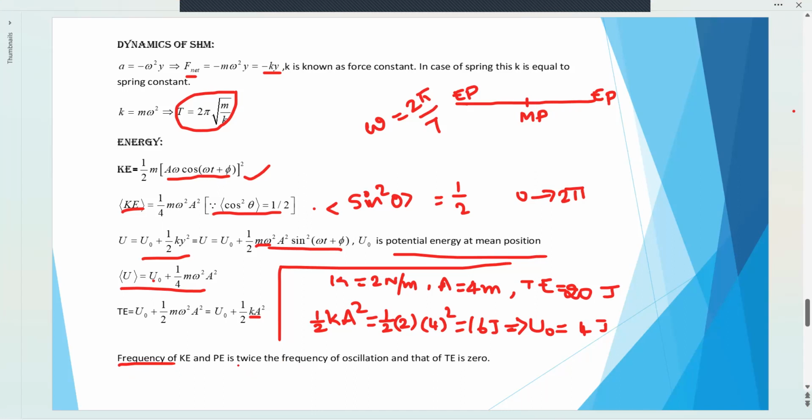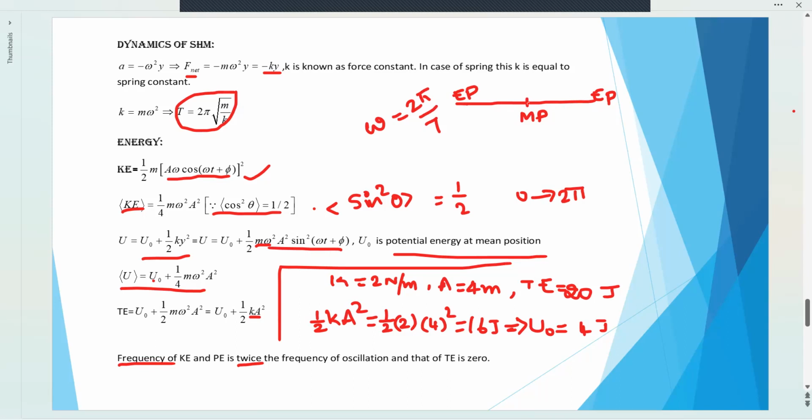See carefully why it is given twice. If you observe, one oscillation means mean to right extreme, to mean, to left extreme, and again back to the mean position. This is one oscillation. In one oscillation, kinetic energy becomes two times maximum and two times minimum.